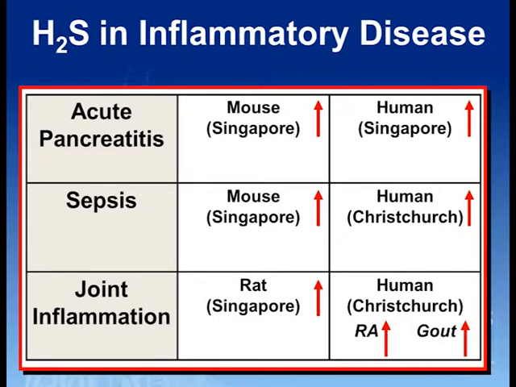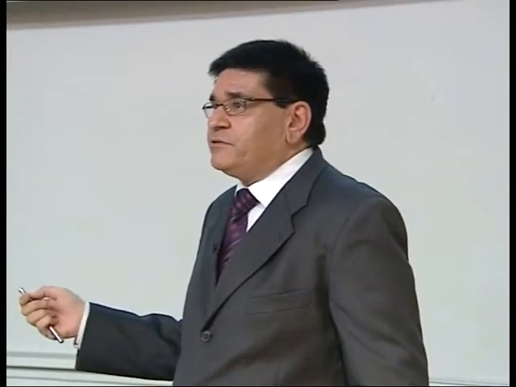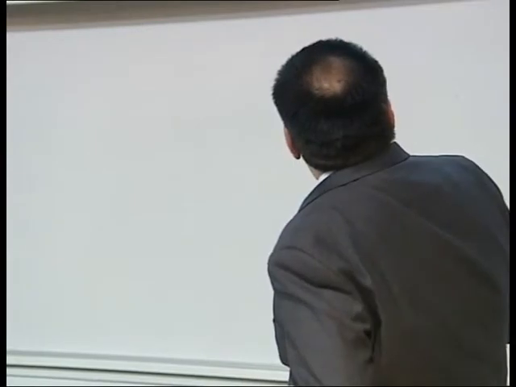And we have worked with clinical colleagues here in Christchurch Hospital, and we find that in patients admitted to the ICU here in Christchurch, there is again an increase in H2S levels. And also in patients with, again, local Christchurch patients with rheumatoid arthritis and gout, H2S levels are increased.